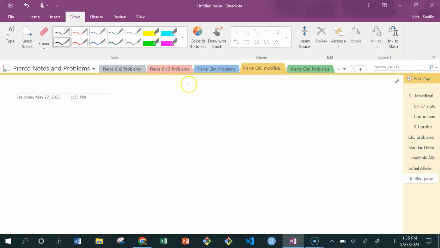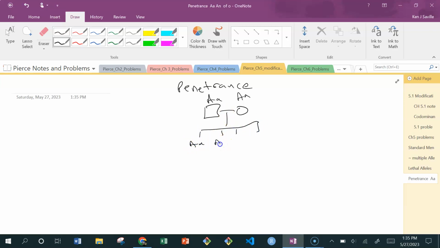So penetrance. Simple definition. We see this a lot in pedigrees. Basically, let's say there's a disease, so we have a pedigree, and we have two individuals that are heterozygous, and they have some homozygous recessive.